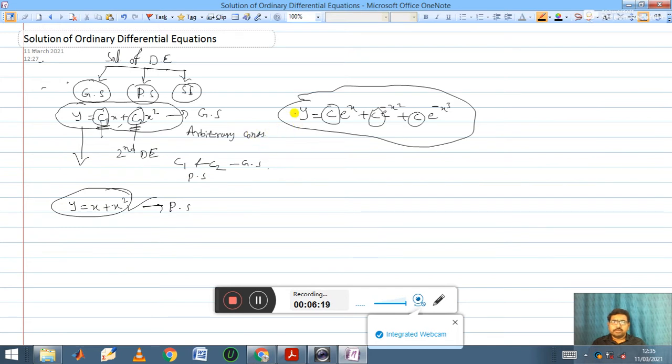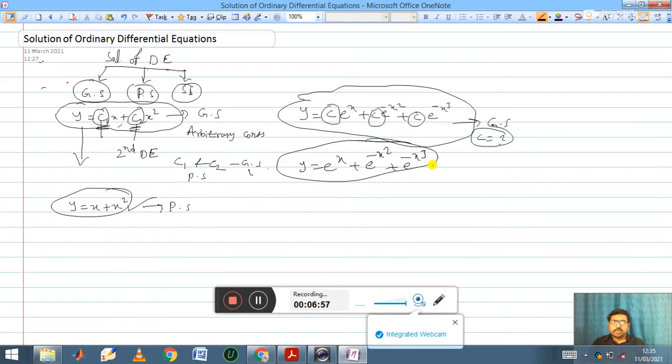Similarly, in the second example you have y equals c e power x plus c e power minus x square plus c e power minus x cube. This is one general solution. Here your target is to find the c value. After finding the c value, replace c by its value, and you may get a solution of the type y equals e power x plus e power minus x square plus e power minus x cube.